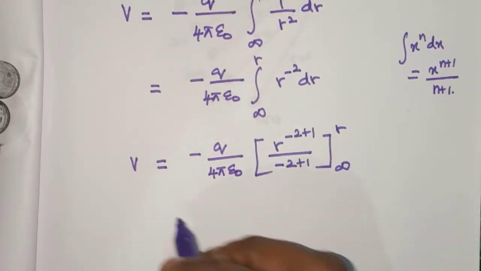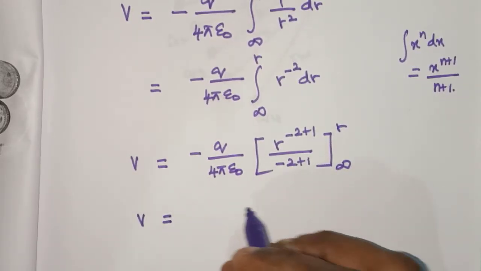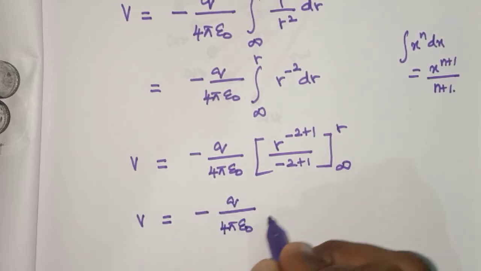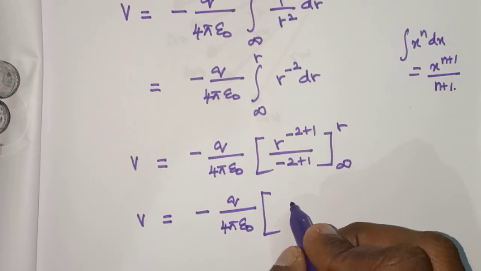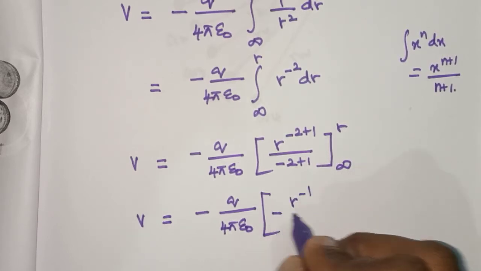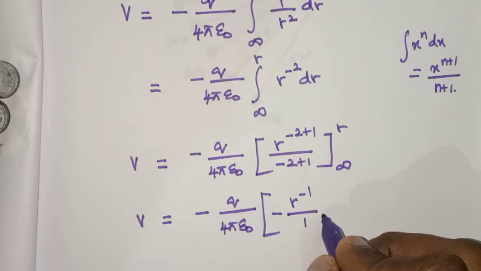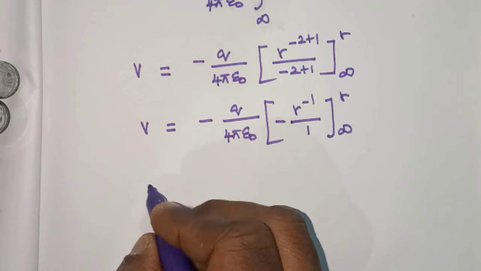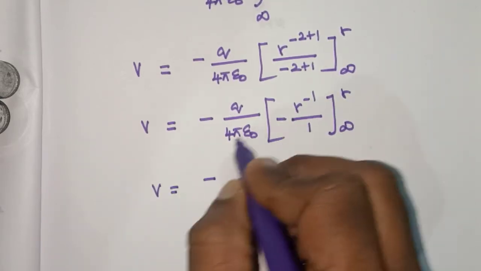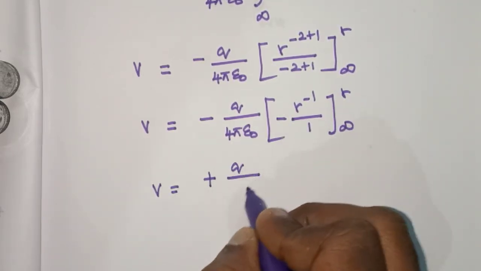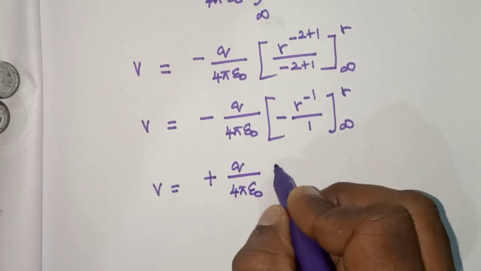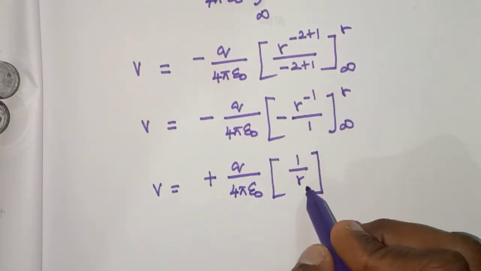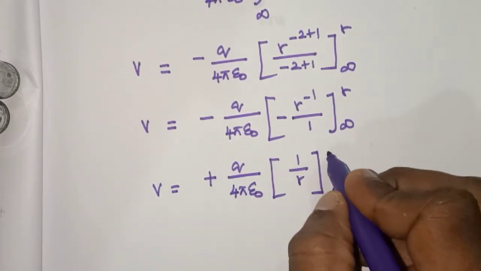Got it? So V is equal to minus Q by 4 pi epsilon naught, r power minus 1 by 1, infinity to r. So V is equal to minus, here plus, Q by 4 pi epsilon naught. r power minus 1 is 1 by r, infinity to r.